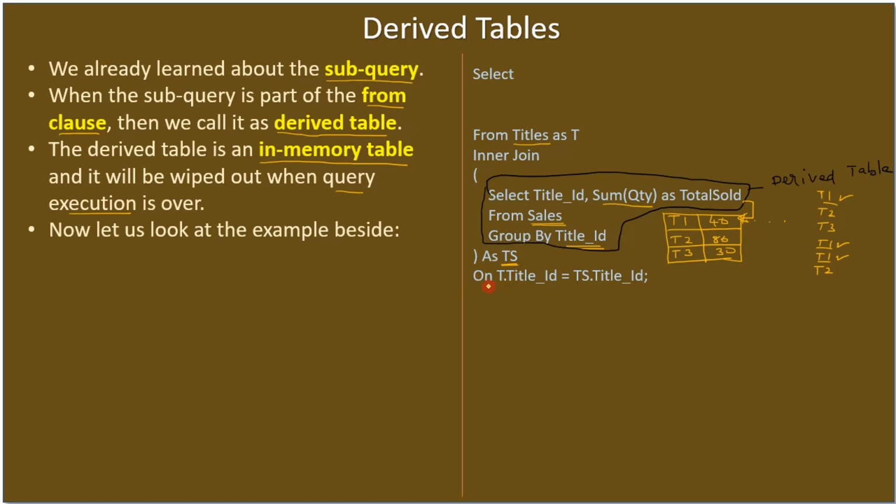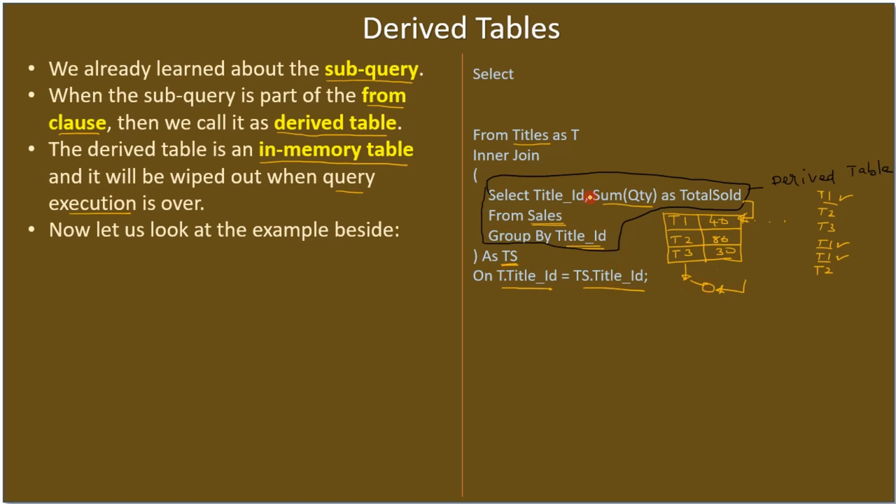Here we are making a join on T dot title ID, which is the outer table, equal to TS dot title ID, the derived table result. So this title ID we are joining with the main table's title ID. The main table will come from the disk, and this will live in memory for a short period of time.